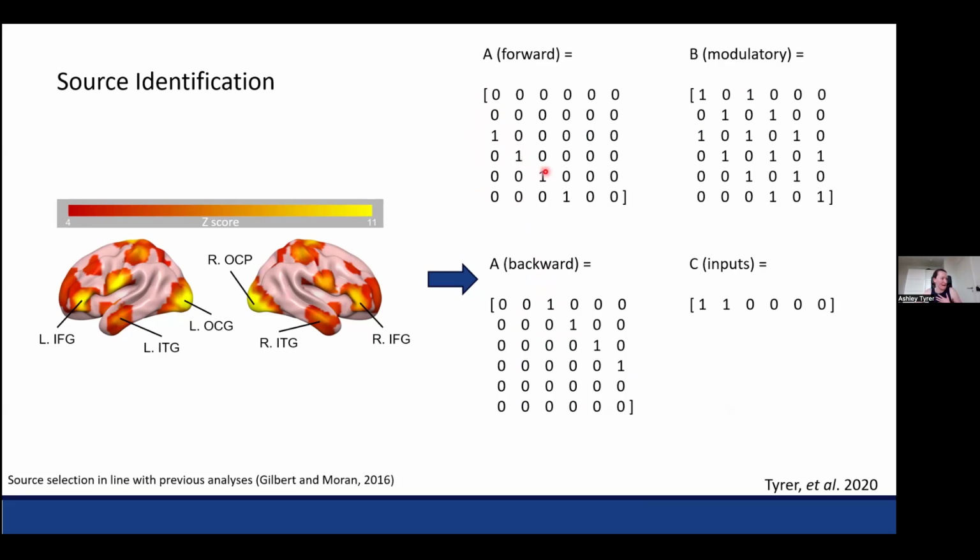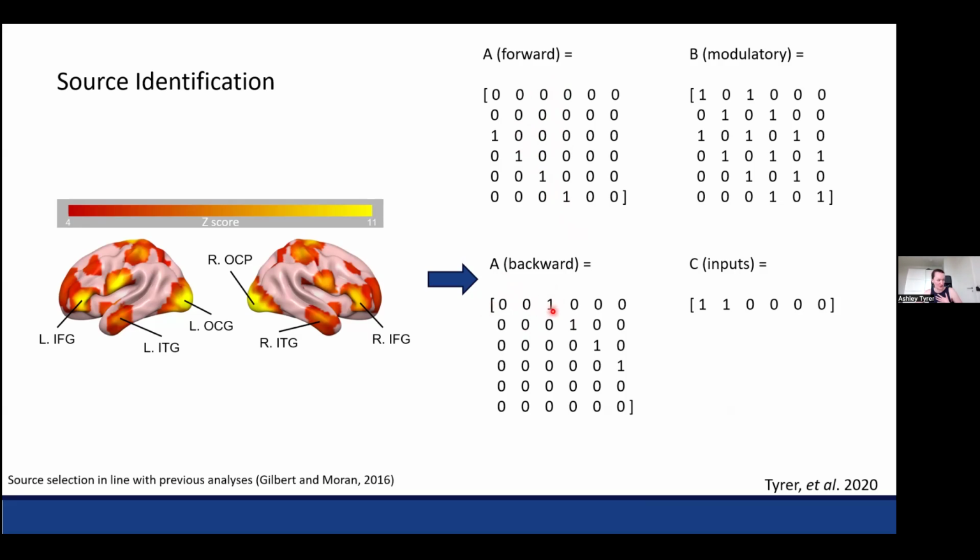So then we define the remaining forward connections from the right occipital pole to the right inferior temporal gyrus, and then similarly again for the left and right temporal regions and the left and right frontal regions. Similarly with the backward connections, we have a backward connection from column 3, so from region 3 to region 1, because it's row 1.